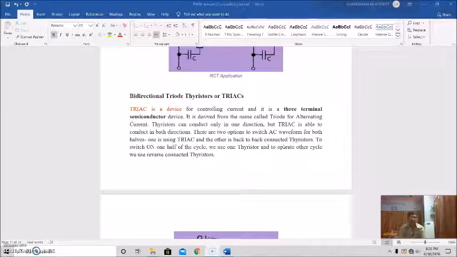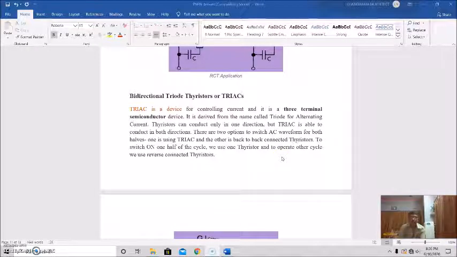So TRI plus AC is TRIAC. The thyristor can conduct only in one direction, but TRIAC is able to conduct in both directions.